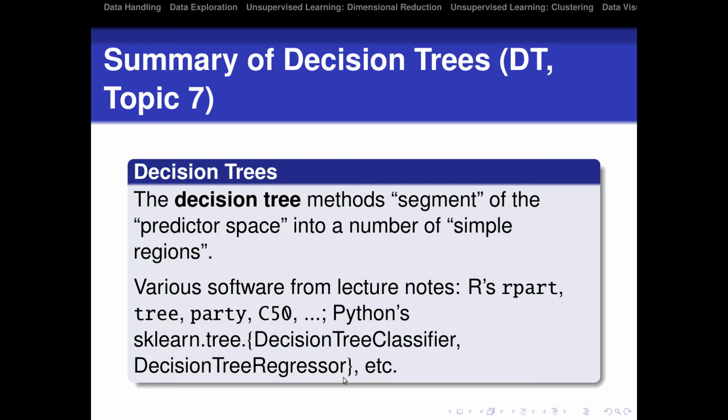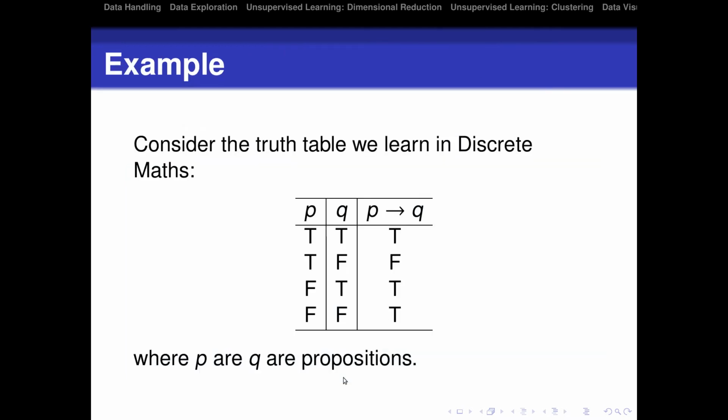As I mentioned in my remark, it's difficult to find simple examples which illustrate things. But for decision trees, it's sort of possible. So I'll try to use the following simple example, which comes from discrete maths.